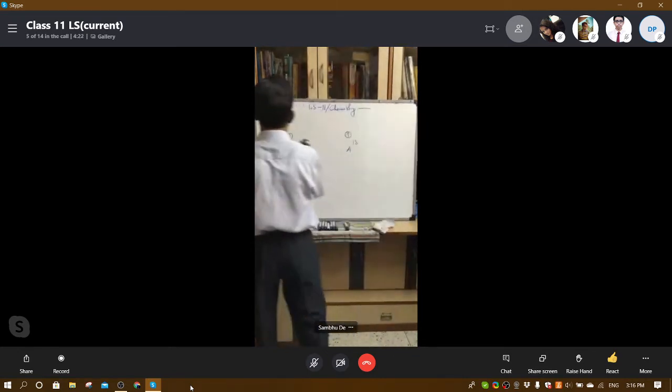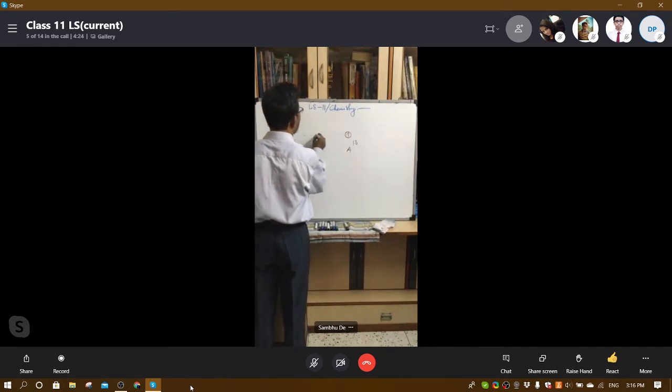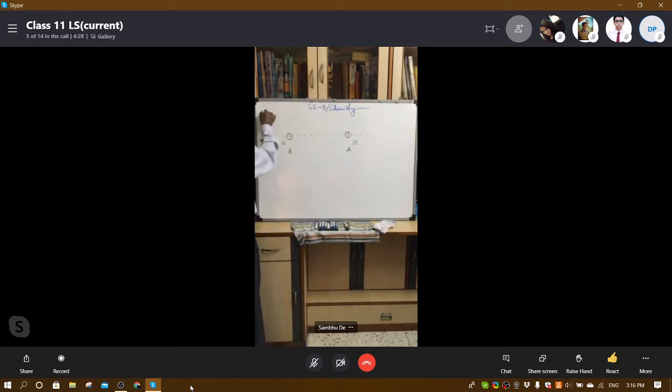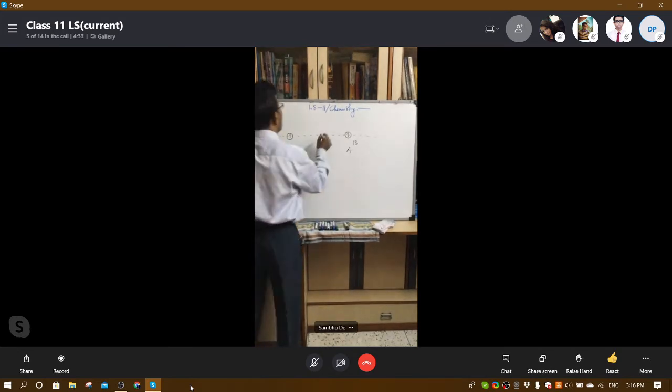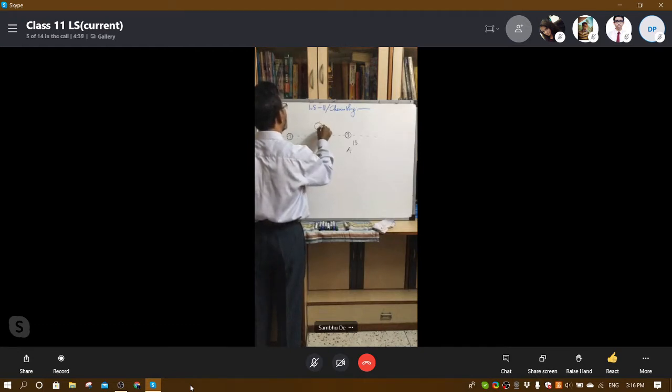If this is the average energy, this is the energy axis, then one orbital will be formed of higher energy, and the other orbital formed will be of lower energy. This is the lower energy orbital.